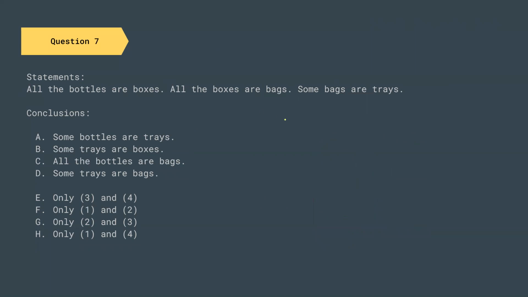All bottles are boxes. So we have bottles and we have boxes. So this stands for bottles and this stands for boxes. So all of the bottles are boxes. All boxes are bags.